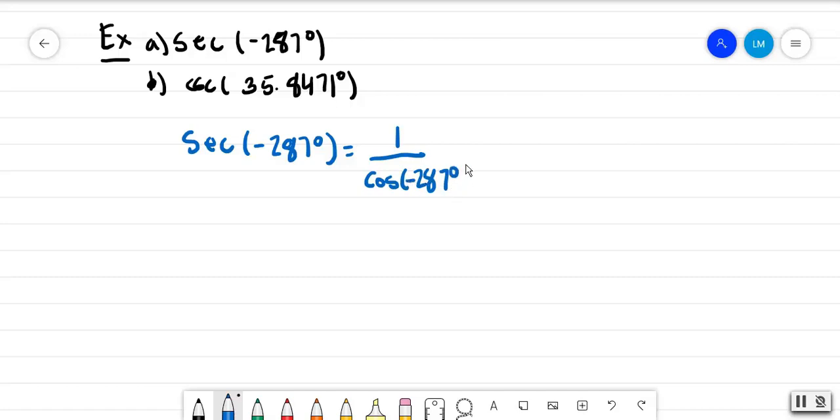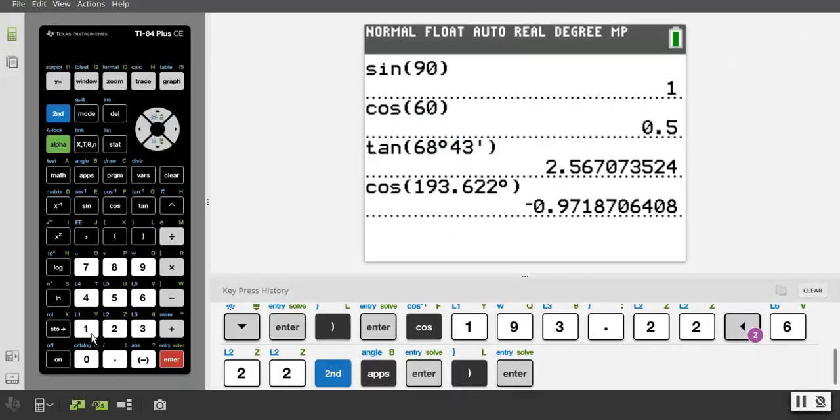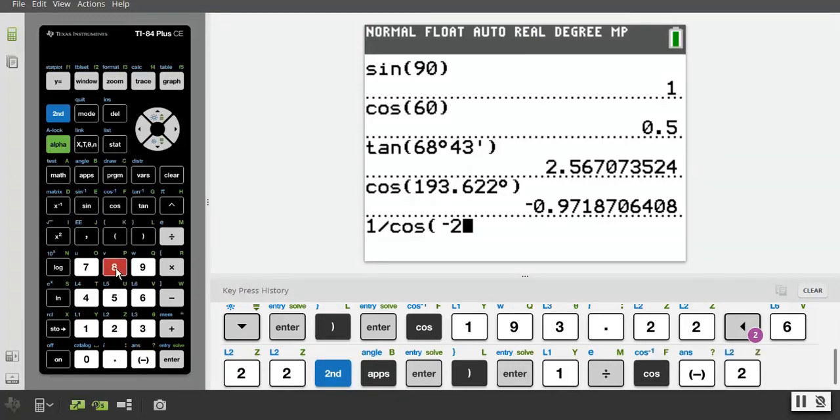So we're going to have to type it in symbolically like this. And then when we get the answer, we're just going to put that it's approximately whatever it tells us to be.